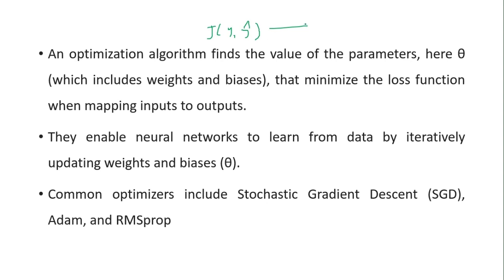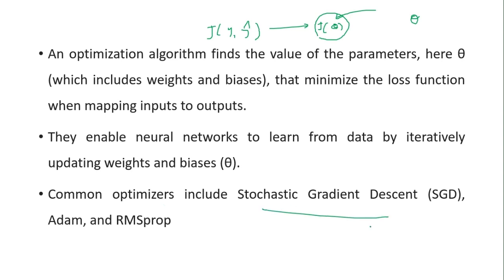We are representing this function as j of theta, that's all. So that means we should find the value of theta in such a way that this j of theta is minimum or optimized. Now, for that, there are different algorithms like stochastic gradient descent.